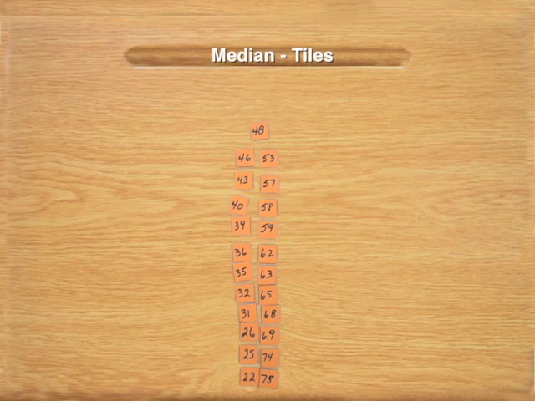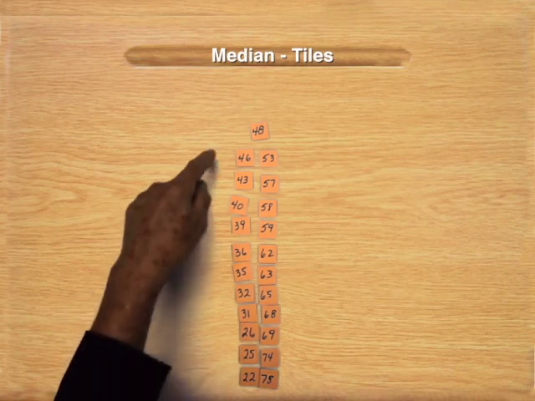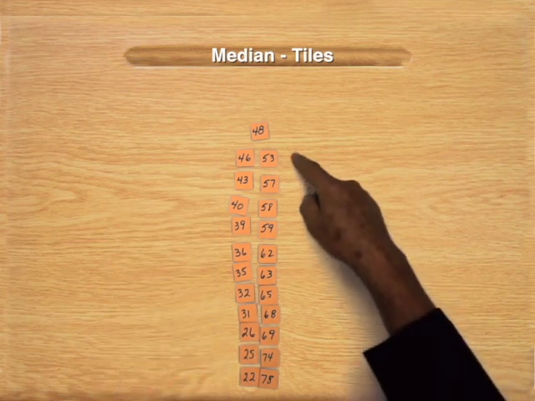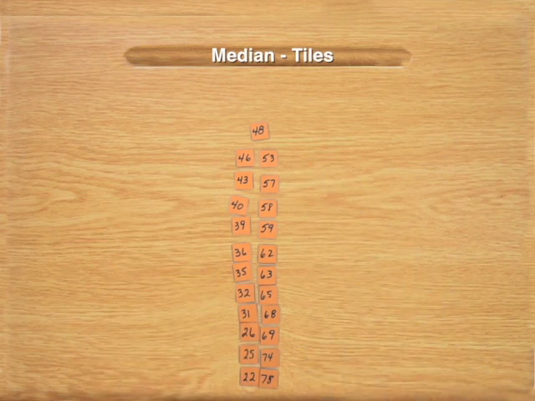Now the next thing we're going to do is find the middle number of the low group and the middle number of the high group. So we can do the same thing we did before.